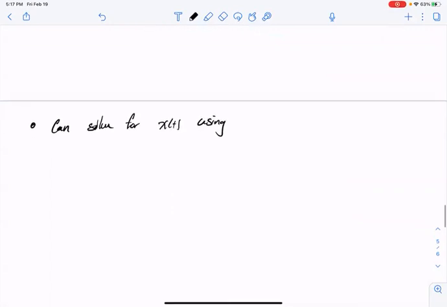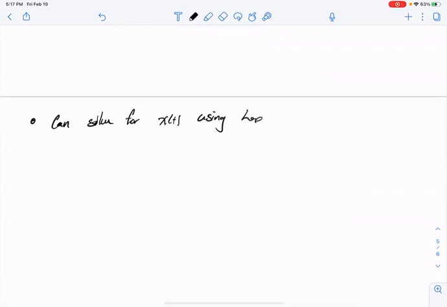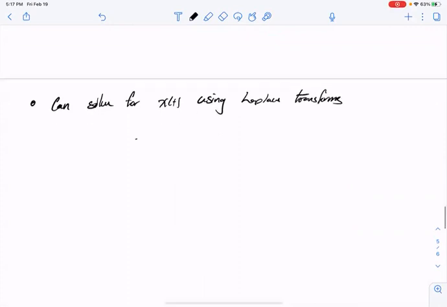I'll claim that we can solve for x of t using Laplace transforms. Let's see how that works. So here's our equation of motion, simplified, noting we can cancel out the mass on both sides.